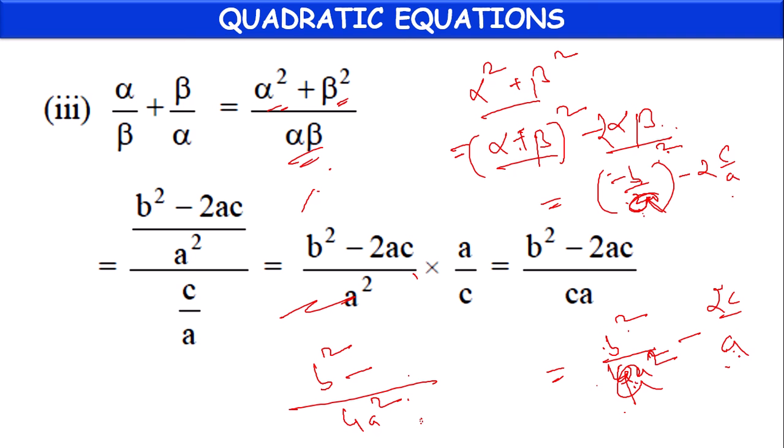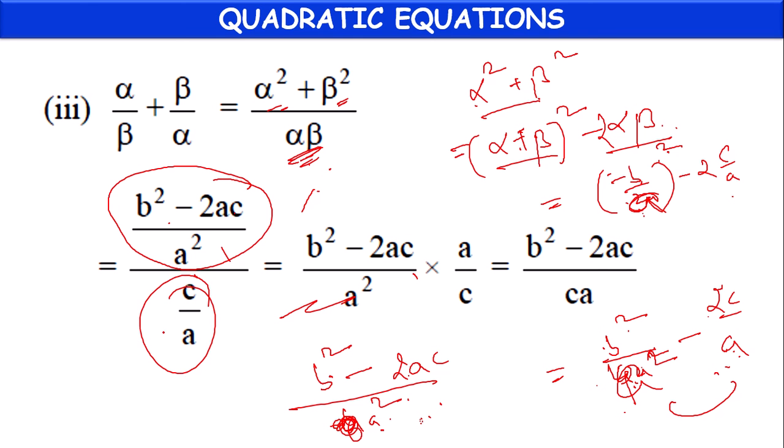The LCM is only a square. So here a square is there, in the numerator b square will come. Here a into 2c, minus 2ac will come. So the alpha square plus beta square value, if we simplify, will be equal to b square minus 2ac by a square, and alpha beta value is c by a.